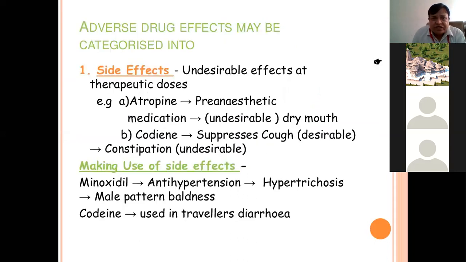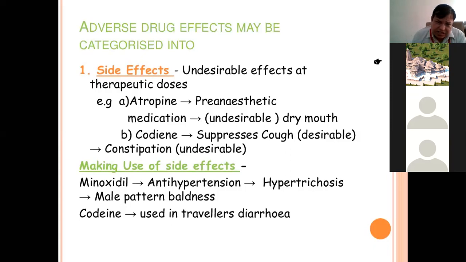Now, adverse drug effect may be categorized into number one, side effect, that is undesirable effect at therapeutic dose. Here you can write down the example: atropine, pre-anesthetic drug medication, and undesirable effect is dryness of mouth.